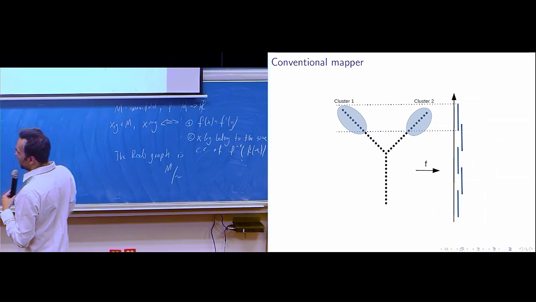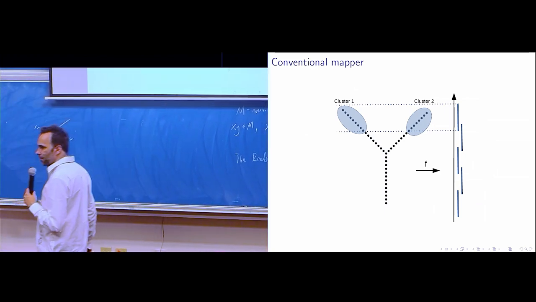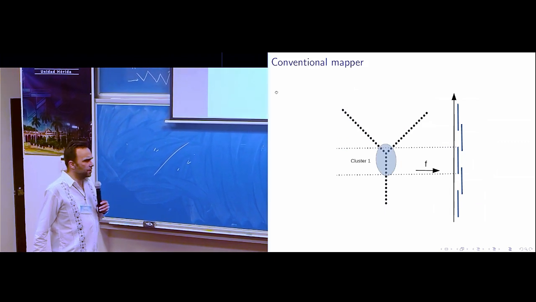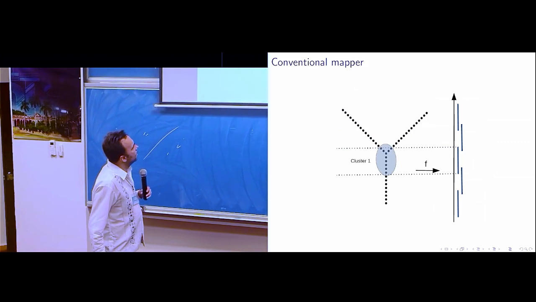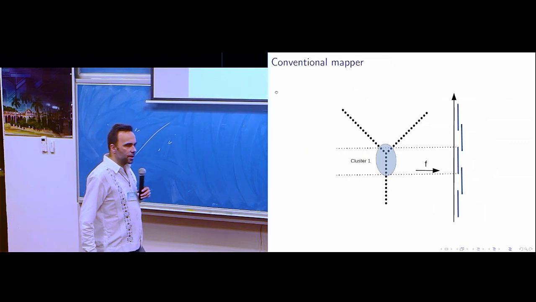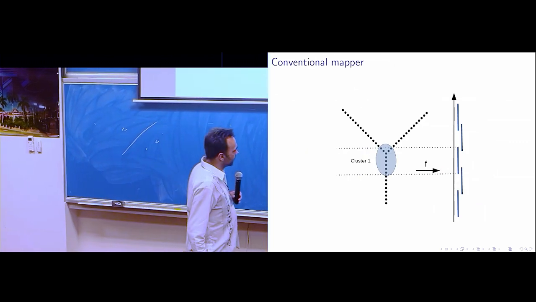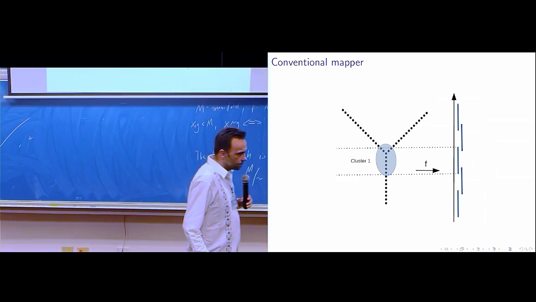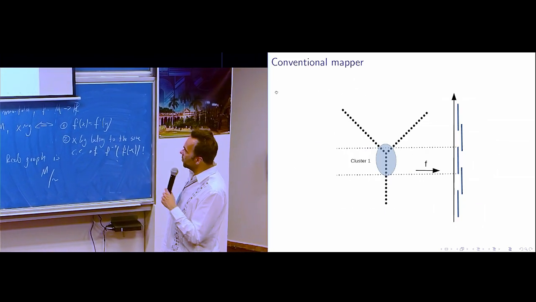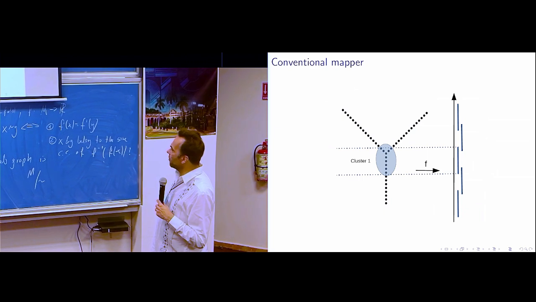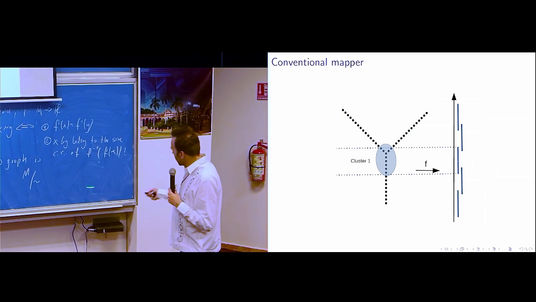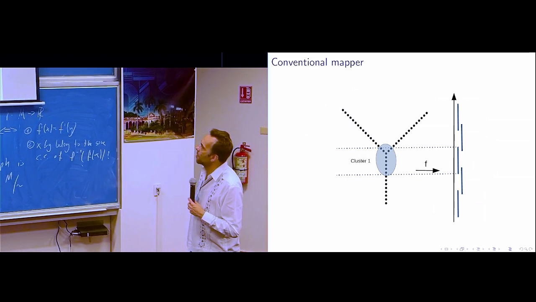So over here, it's pretty obvious that we expect to see 2 clusters. Maybe over here, we expect to see 1 cluster. What we are doing this way is getting a cover of our data, and we are building the finite graph, which in a certain sense converges to, or is an estimator of, a Reeb graph.